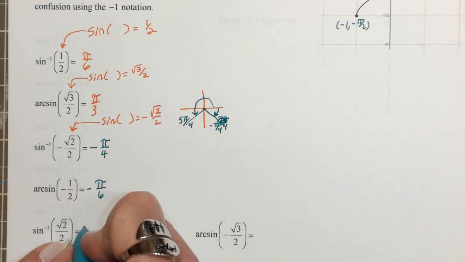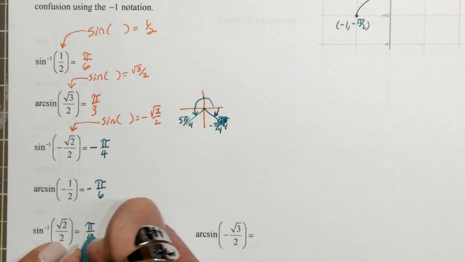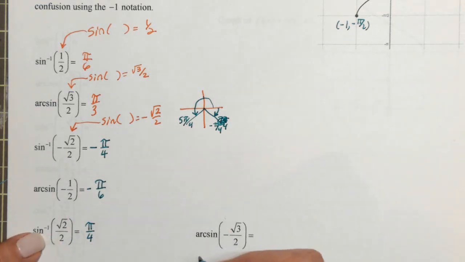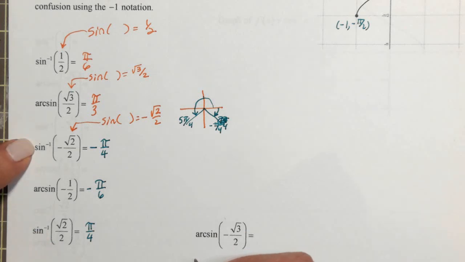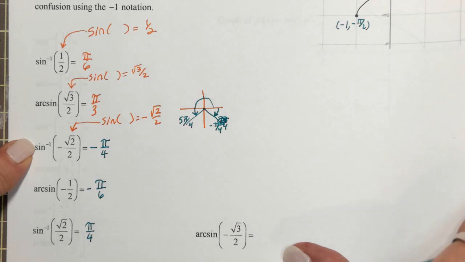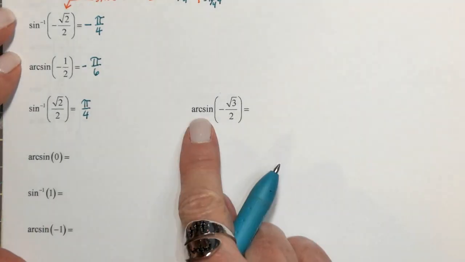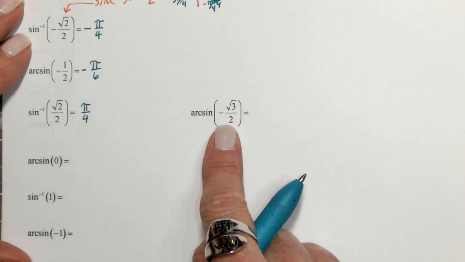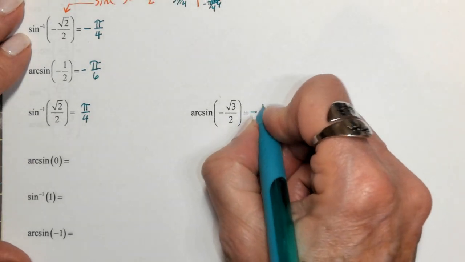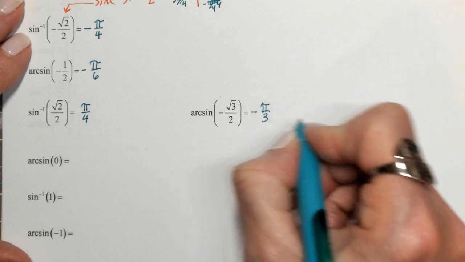Sine of what is square root 2 over 2? Pi over 4. So sine of square root 2 over 2 is pi over 4. Sine of negative square root 2 over 2 is negative pi over 4. Arcsine of negative square root 3 over 2 will be a negative pi over 3.